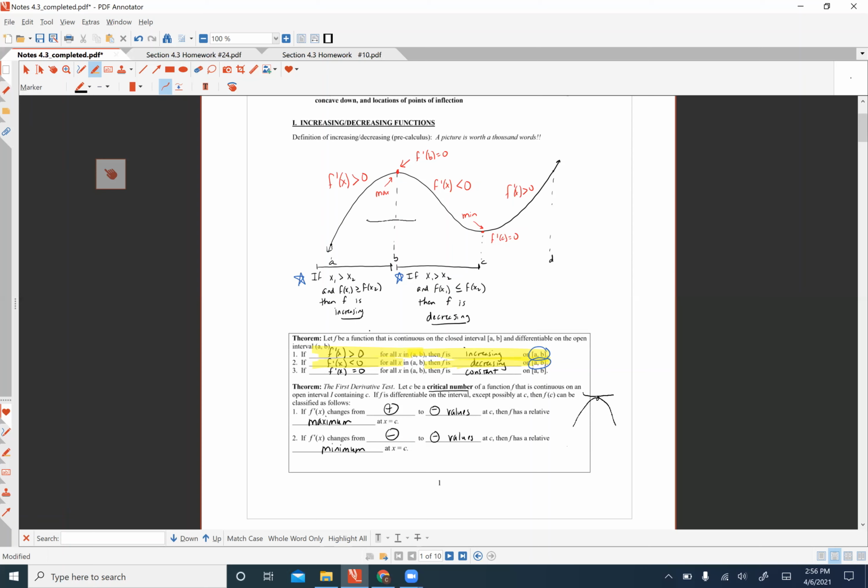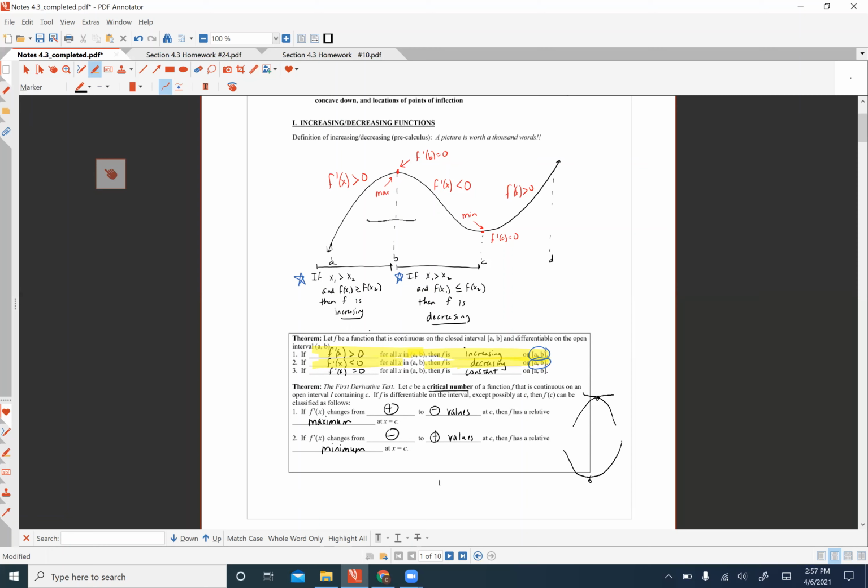And in contrast, let's say to the left of the critical point the derivative is negative, and I think this should be positive here. If f prime of x changes from negative to positive, then f has a relative minimum. Here's our critical point, so we have a relative minimum.